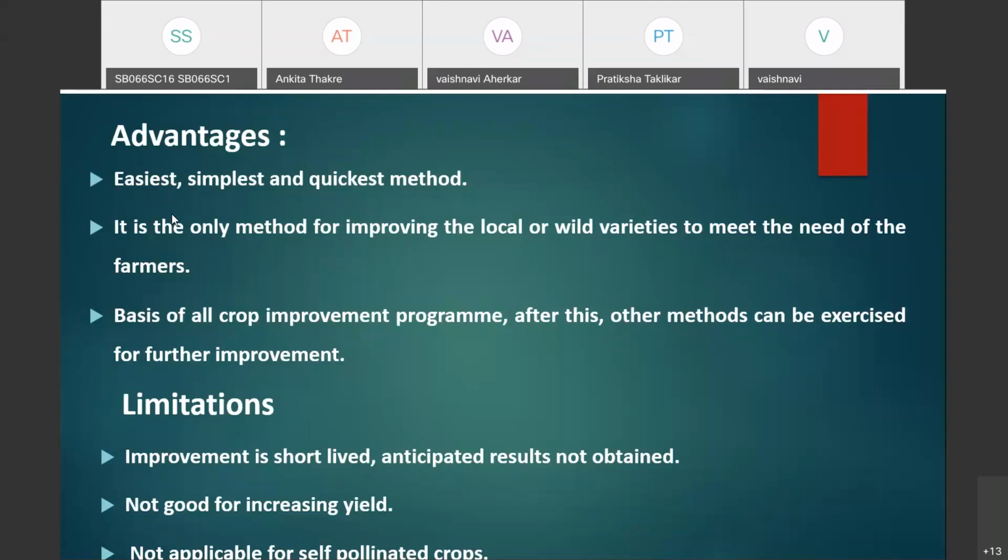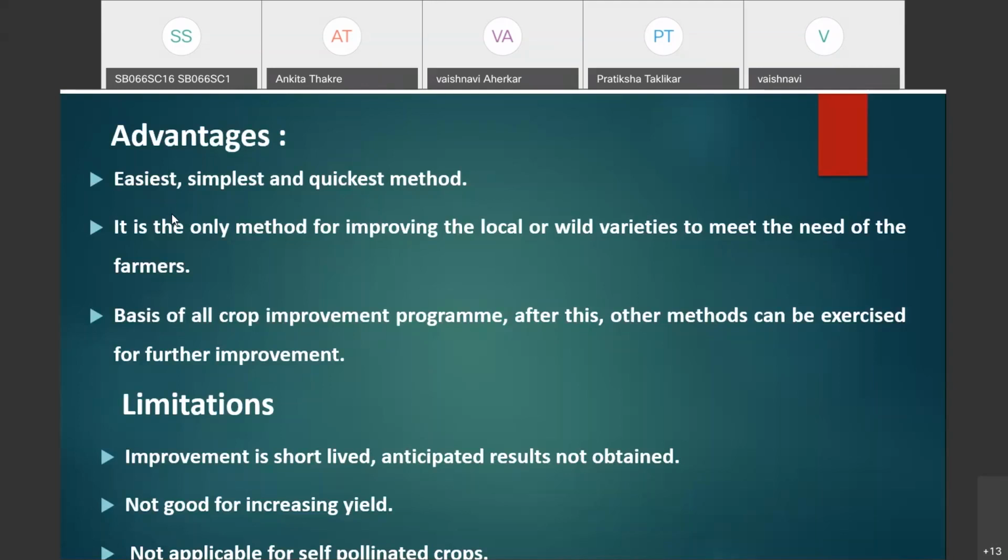Okay, that means whenever you are cultivating that variety for a number of generations, the added characters in the variety get deteriorated.